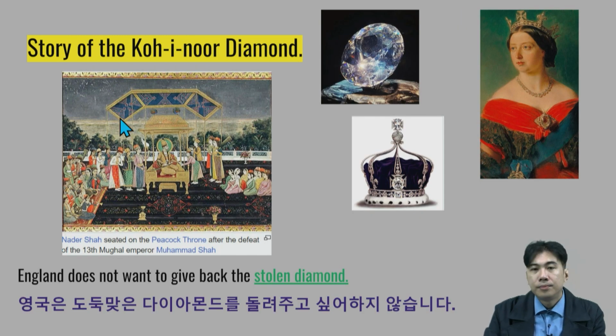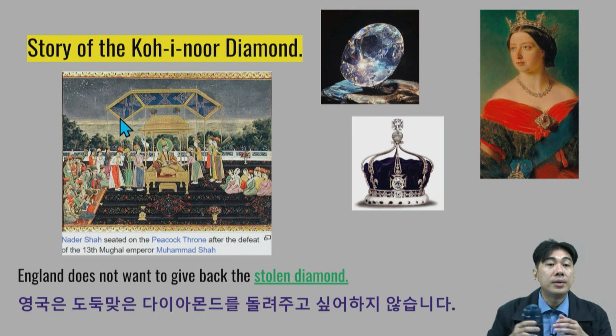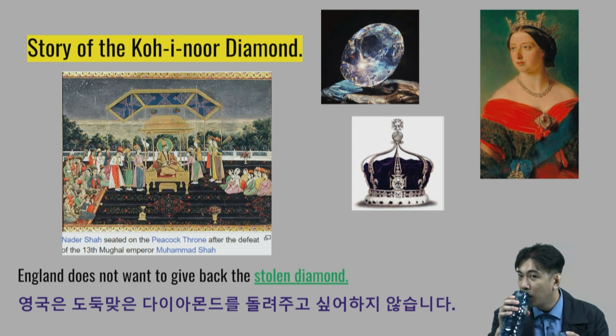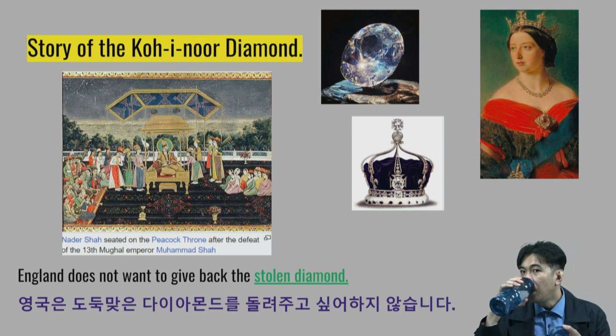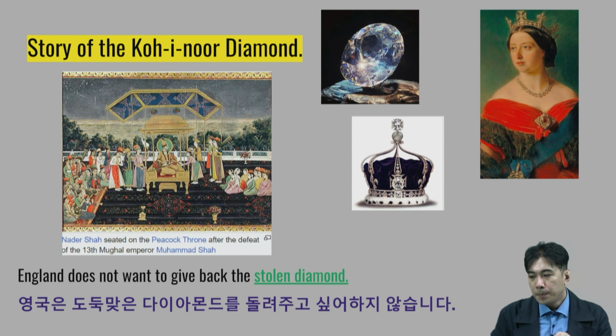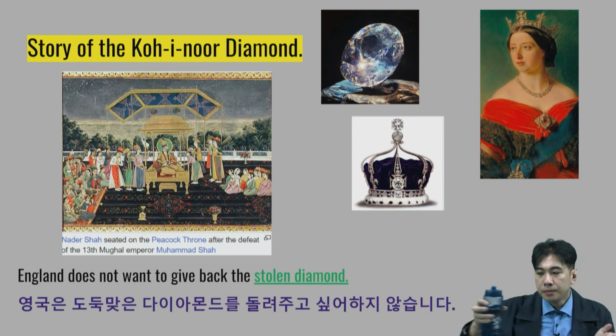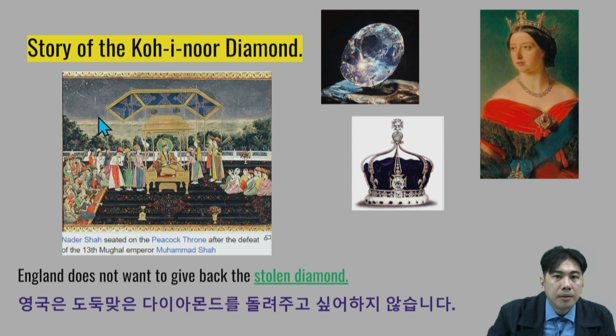So let's also go over the story of the Koh-i-Noor diamond. Okay, one moment. So let's pay attention to this story, okay? Because this diamond is now in the royal family, okay?